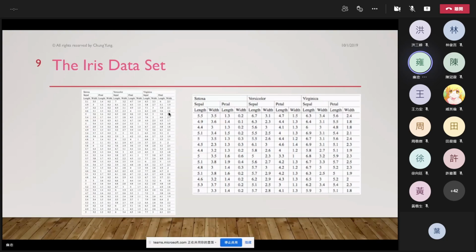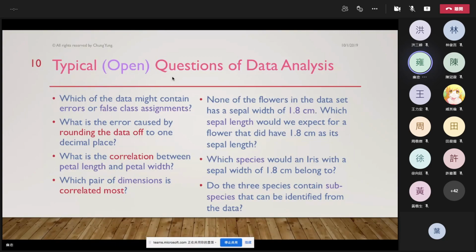The nearest value is 2.3, right? 2.3 is the second row of sepal width of versicolor. Yeah, we are looking at sepal width.